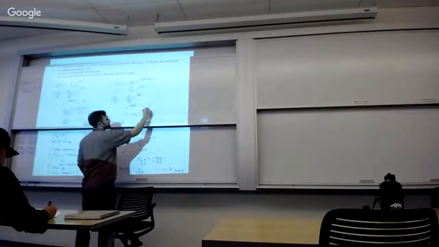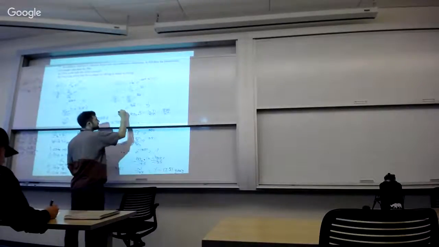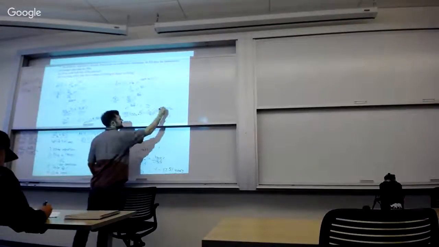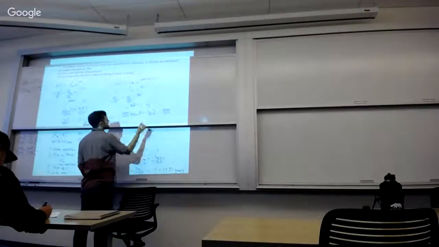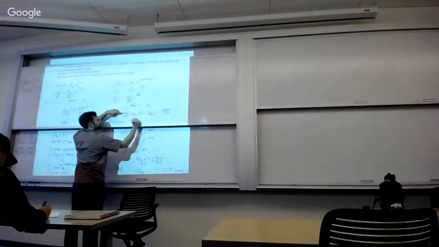So we're going to multiply both sides by the reciprocal. So that cancels out, and you have t equals 820 natural log of 0.5 over natural log of 0.71.